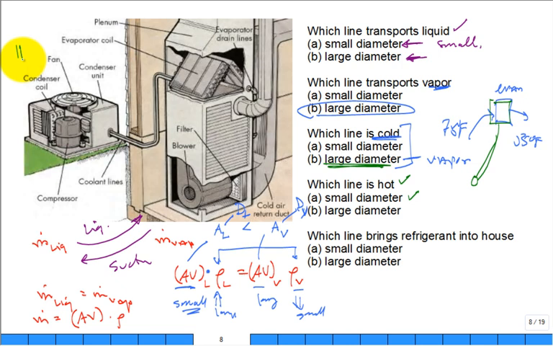Let's say it's 110 degrees F air temperature. It's going to draw it across and blow it off. So what temperature do you think the refrigerant is in the condenser? Is it going to be greater than 110 or less than 110?